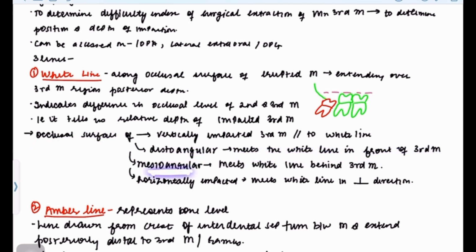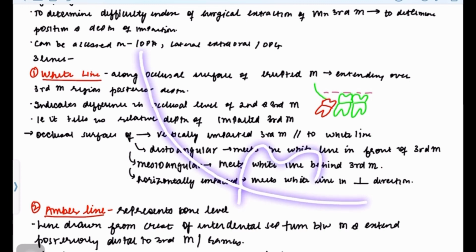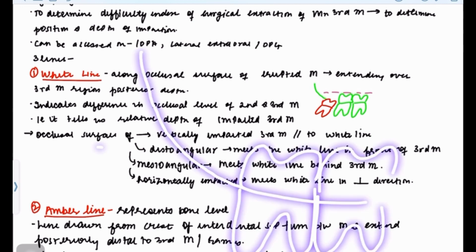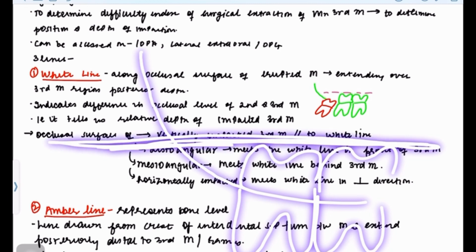In mesoangular, the occlusal surface of the mesoangular tooth meets the white line behind the third molar. What does this mean? This is a point which is written in the book and it is very difficult to understand, so that's why I'm making this diagram. So this is the second molar, this is the first molar, this is my white line, and this is a mesoangular tooth.